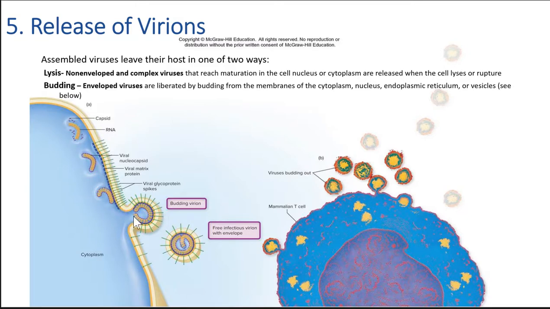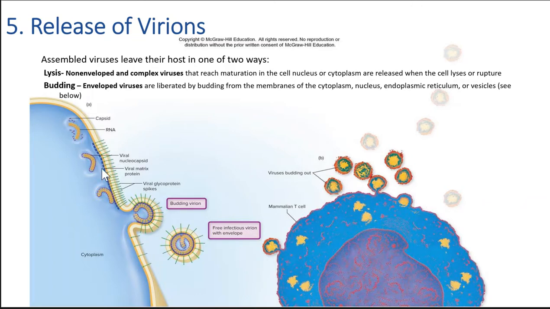That starts a chemical reaction that induces a modified exocytosis that we call budding. The nucleocapsid moves in, this pinches off this phospholipid bilayer, this membrane portion, and becomes a fully infectious virion that is released into the outside of the cell, into the host. This is called budding, and it's how enveloped viruses always leave the cell.